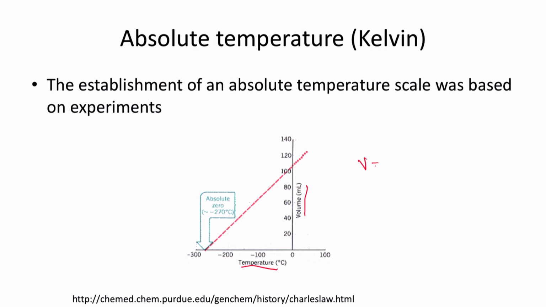Volume should be a constant times temperature, so I'm going to call this my constant, or I can use the letter M for slope. But the point is that if this was actually true, there should be a direct relationship, and the line should go through the origin, 0, 0. There's no intercept over here.